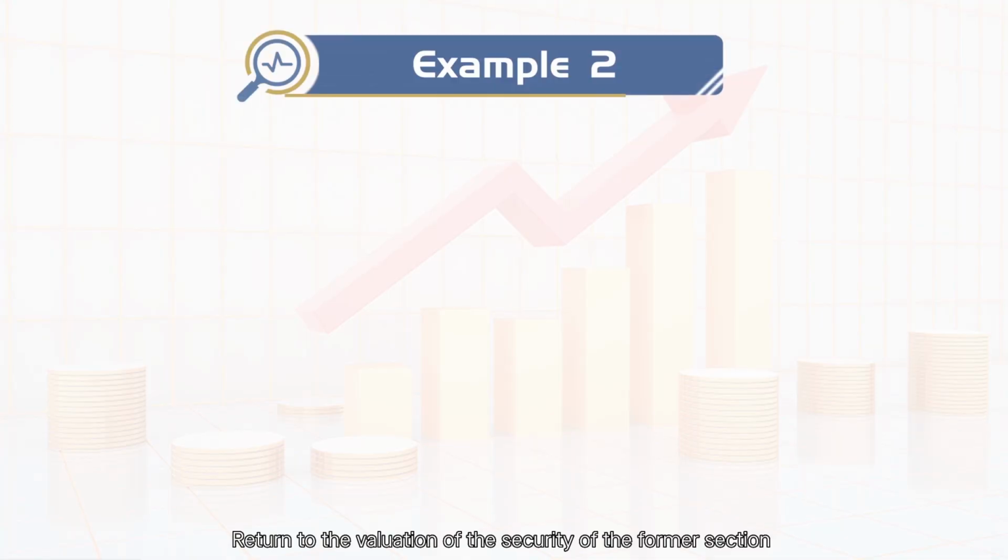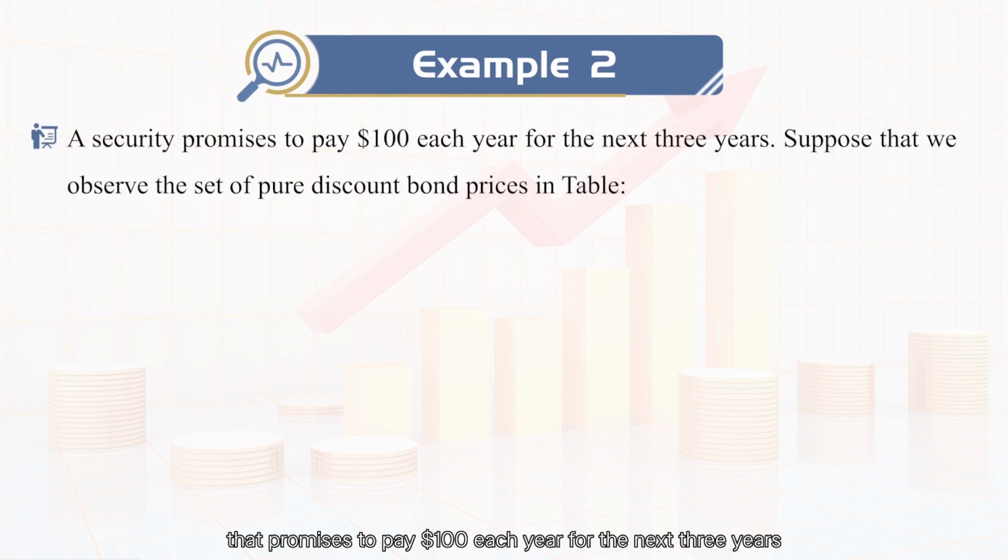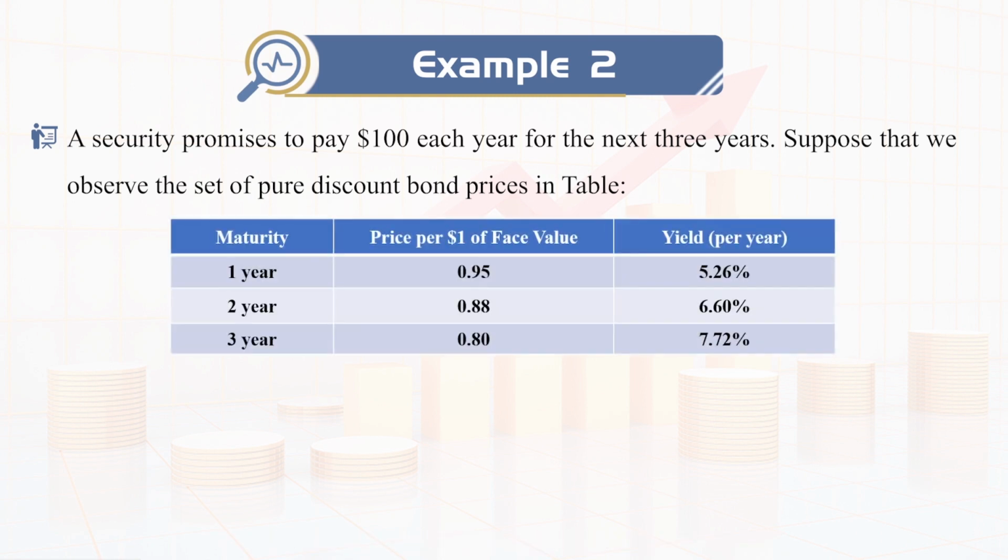Return to the valuation of the security from the former section that promises to pay $100 each year for the next 3 years. Suppose that we observe the set of pure discount bond prices in the following table. Following standard practice, the bond prices are quoted as a fraction of their face value.